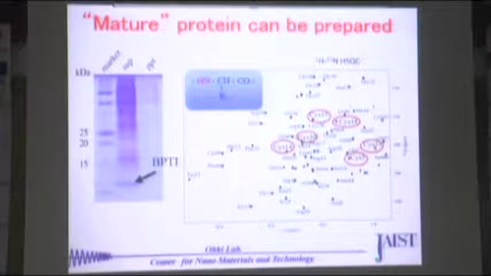And this is an example of production of BPTI. BPTI contains three disulfide bonds. This system produces the mature protein, so we don't need the refolding step.